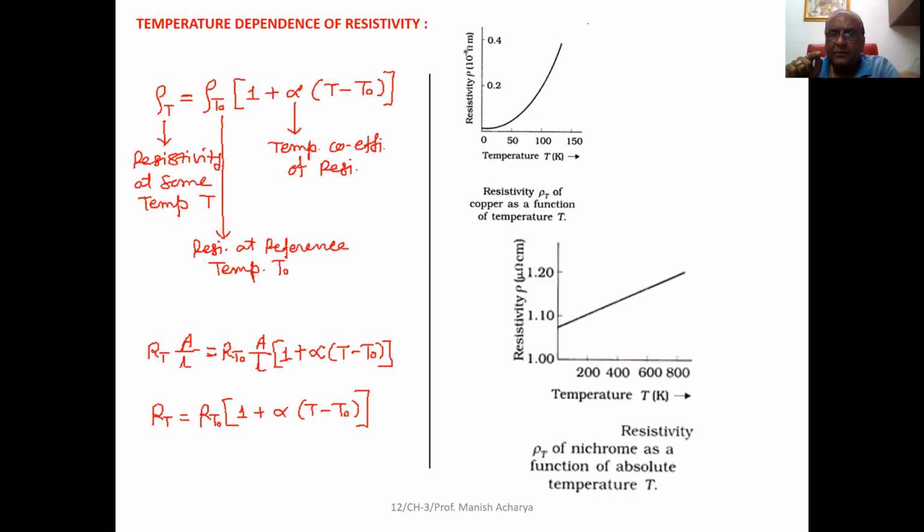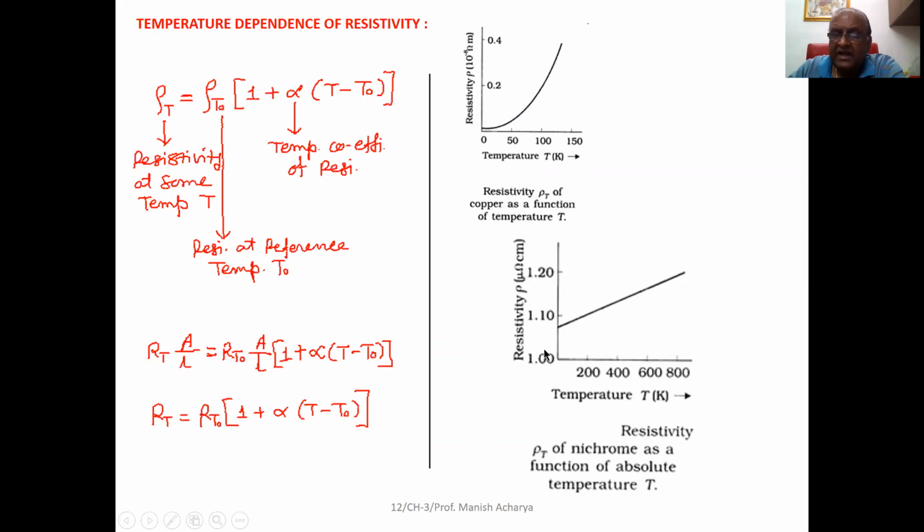See here, one example is given to you, the relationship of resistivity of nichrome as a function of temperature. See, resistivity is in terms of micro ohm centimeter. Micro stands for 10 to the power minus 6.